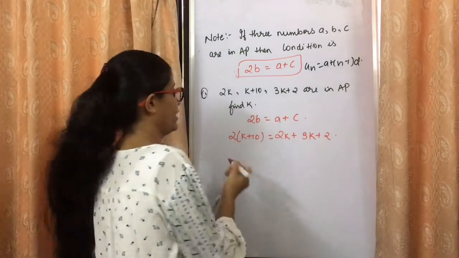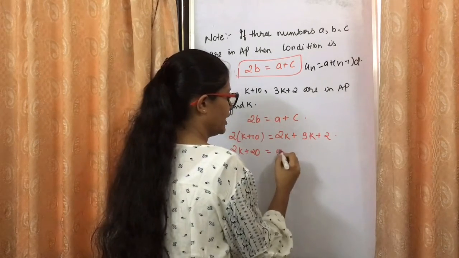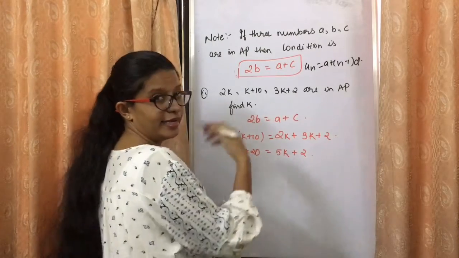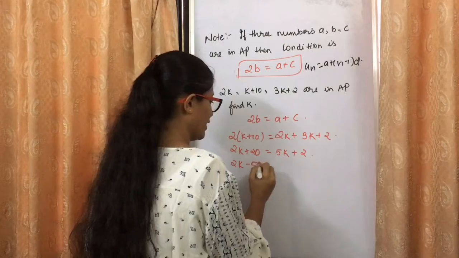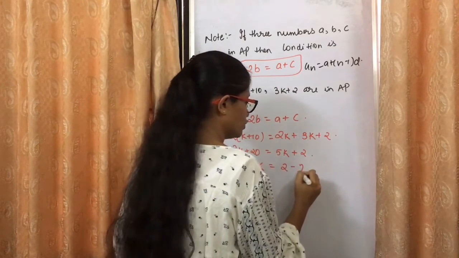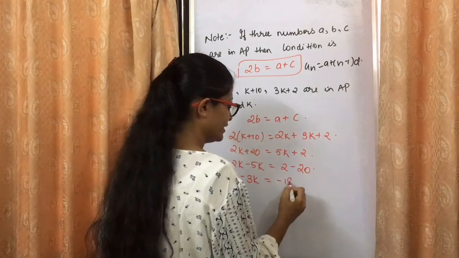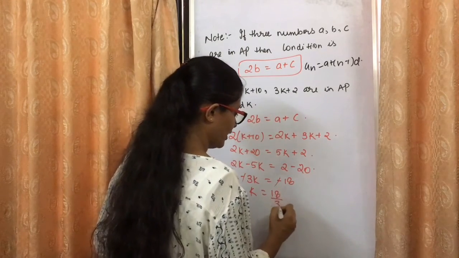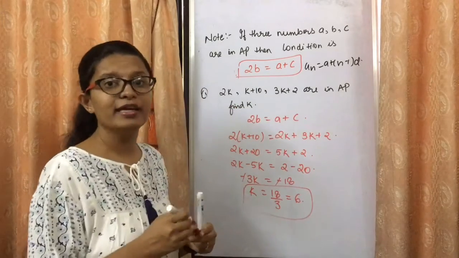If you solve the equation, you will get 2k plus 20 is equals to 5k plus 2. Take the constants on one side and the variables on one side. So 2k minus 5k is equals to 2 minus 20. So you will get minus 3k is equals to minus 18, minus minus will get cancelled out. k comes out to be 18 upon 3, which is nothing but 6. So the value for k comes out to be 6.